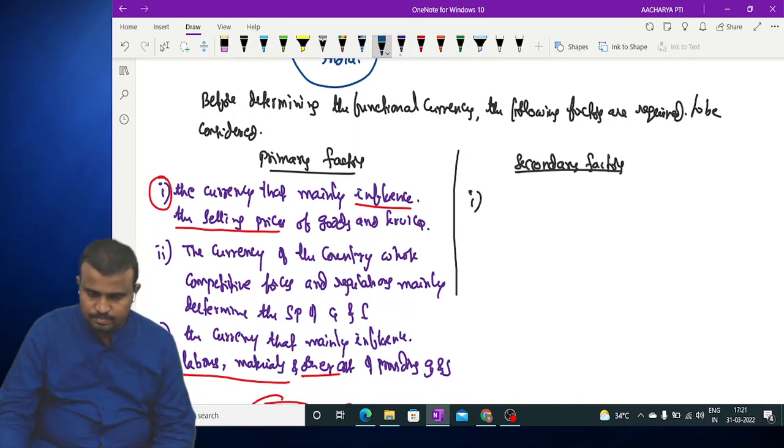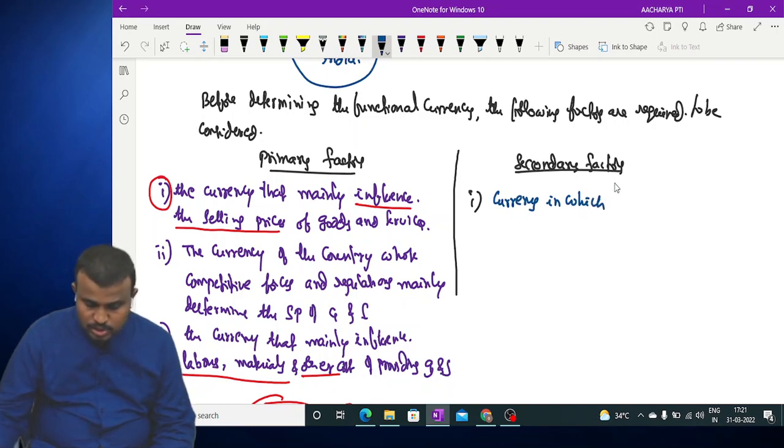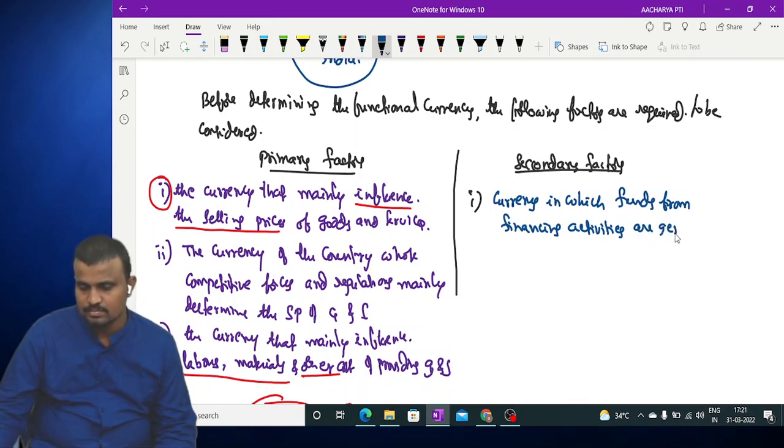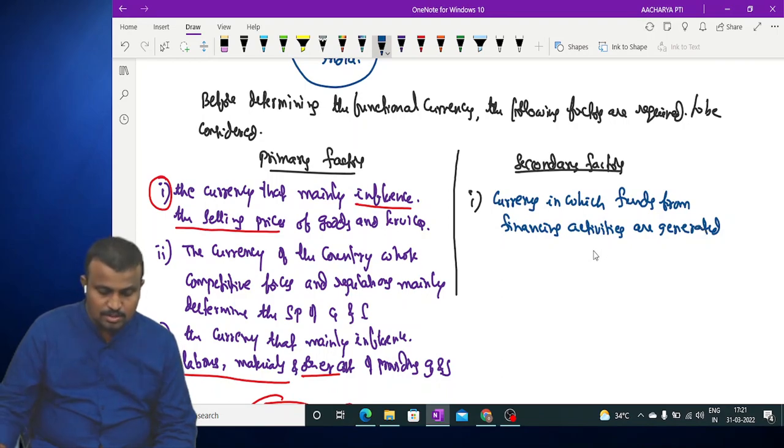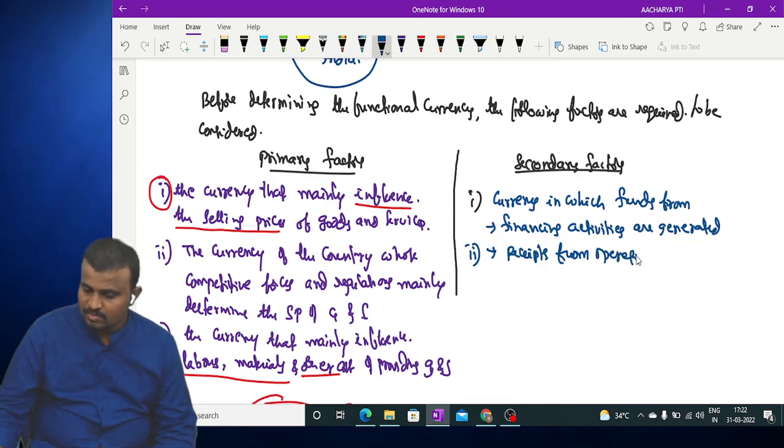So the secondary factors are the currency in which the funds from financing activities are generated, and the currency in which receipts from operating activities are retained.